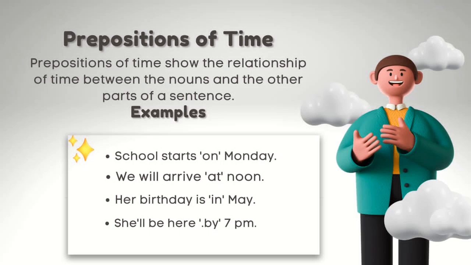That is, a preposition of time tells us the time that the action took place. It shows us the time that two nouns or two pronouns relate with each other.